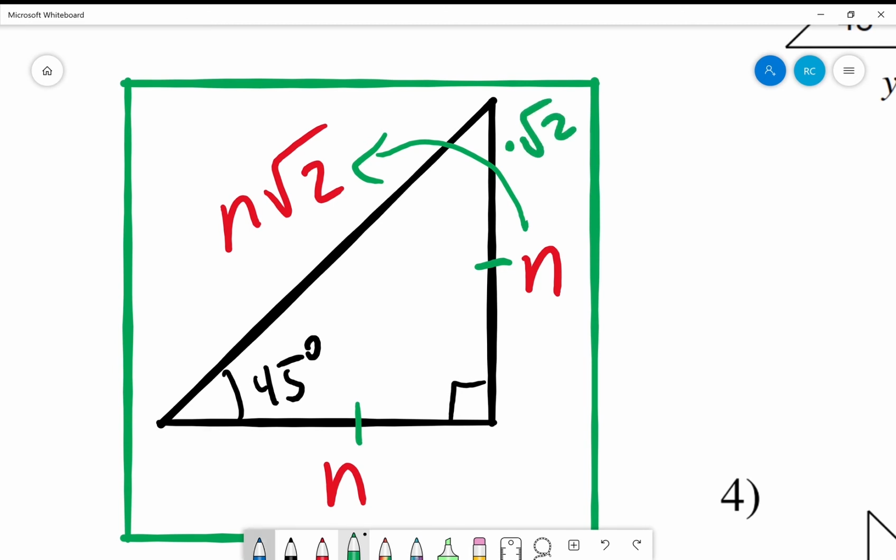Which means, if I was going the other way, if I had the hypotenuse and I was looking for the leg, well, it's just the same thing, except since we're going the other way, we're going to divide by the square root of 2. If you don't remember why this relationship exists, again, check out the video that I linked earlier.